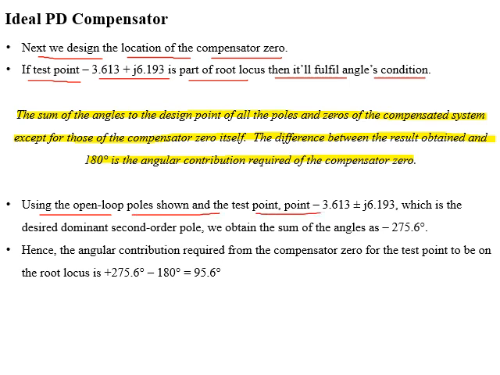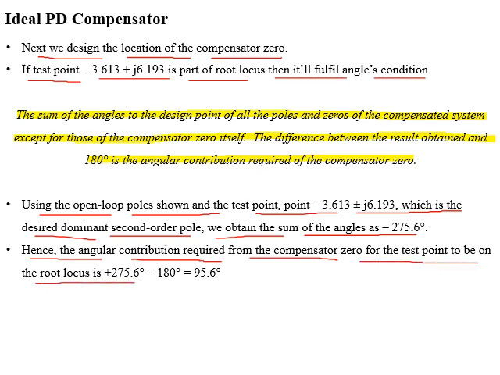Now using the open loop poles and the test point -3.613 ± j6.193, which is also the desired dominant second order pole location, we obtain that the sum of angles equals -275.6 degrees, and hence the angular contribution required from the compensator zero for the test point to be on the root locus will equal its difference with 180 degrees, or we can say that 275.6 degrees minus 180 degrees equals 95.6 degrees.